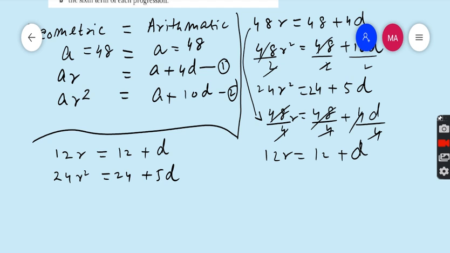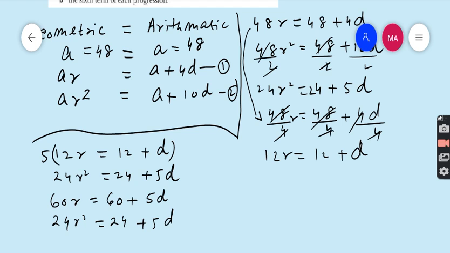Now I am going to cancel d. How is it possible? Just multiply the whole equation number 1 by 5. So 5 12s are 60r, 5 12s are 60, 5 into d is 5d, and the 24r square remains the same, 24 plus 5d.